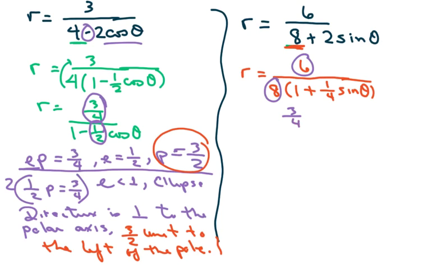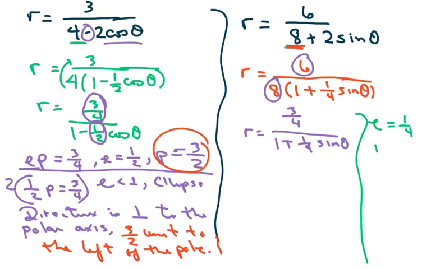So you have 3/4 over 1 plus 1/4 sine of theta. So to save room here, E is 1/4. EP is 3/4. And when you plug that in, you're going to get P equals 3, because 3 times 1/4 is 3/4. So I remember this part here is your EP.